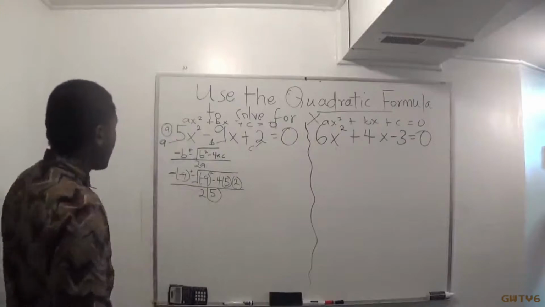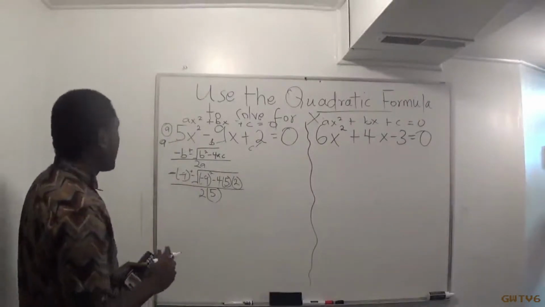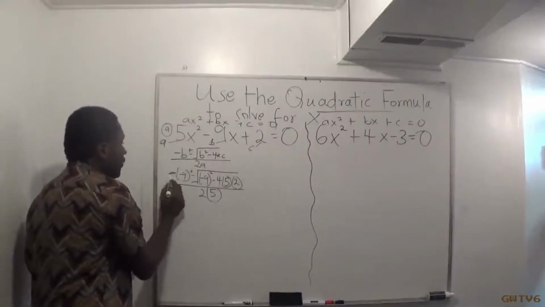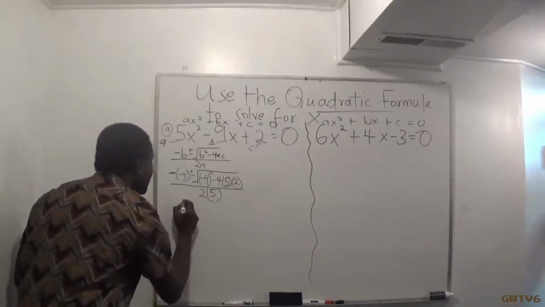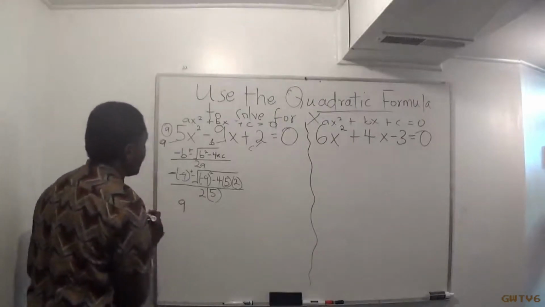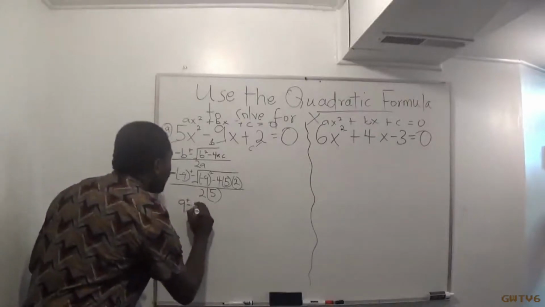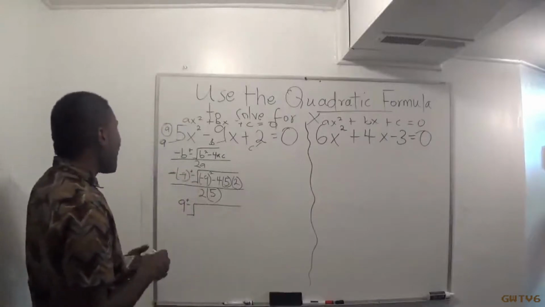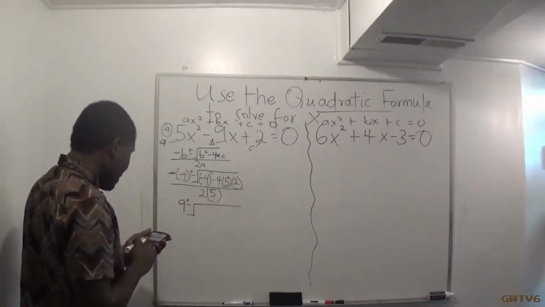Now that I've plugged everything into the formula, I'm going to have to simplify. The negative of negative 9 turns into a positive 9, plus or minus the square root of negative 9 squared.